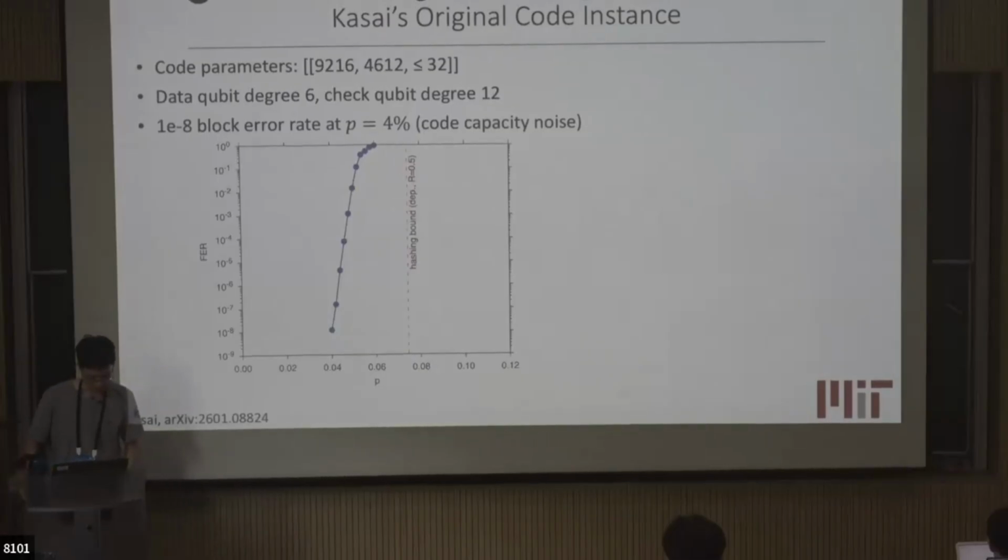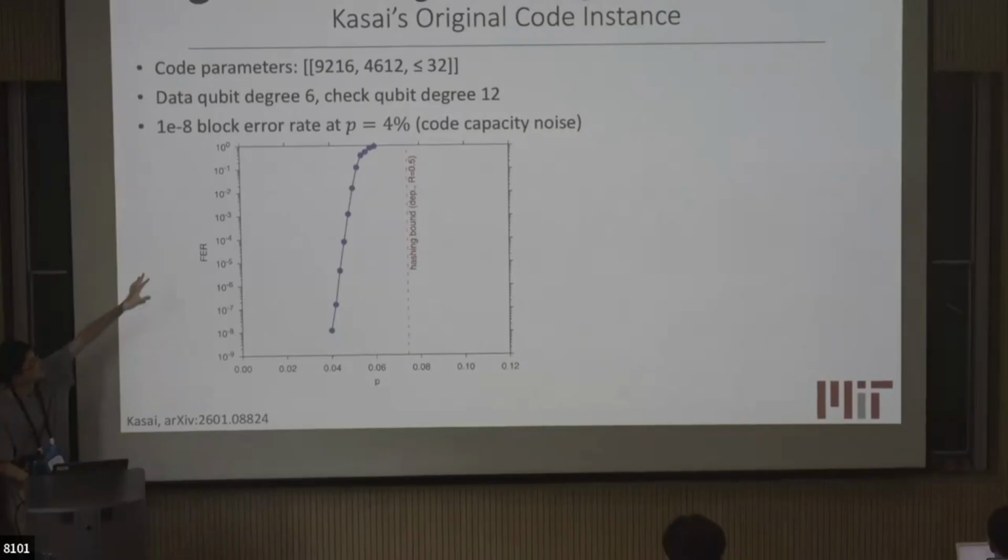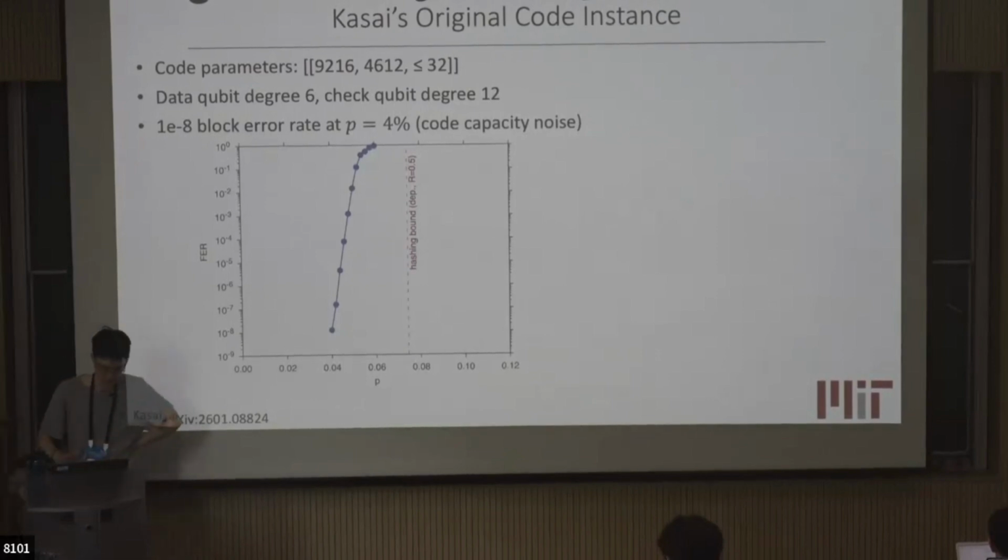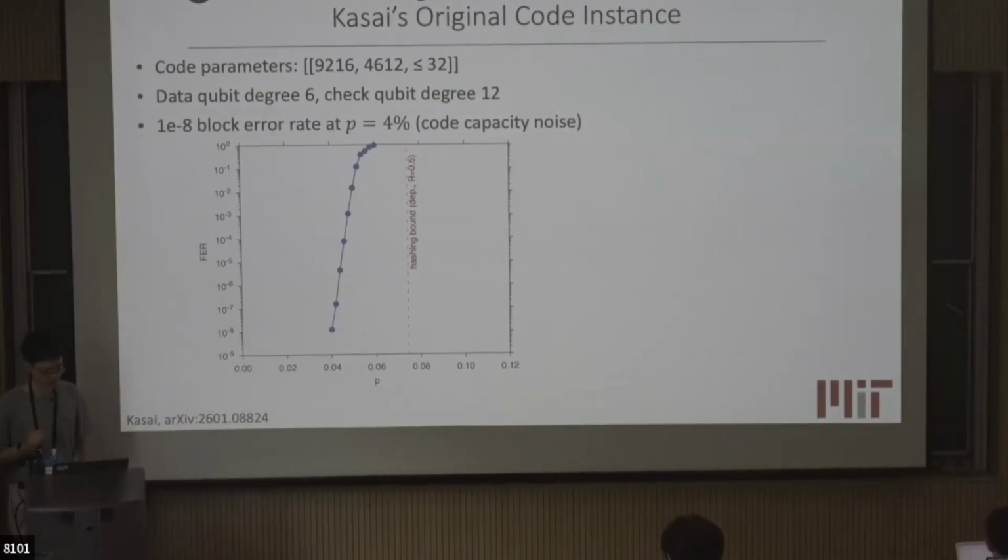So as Kenta mentioned in his previous talk, in his original paper, he was looking at a block length of around 9,000 with, as designed, a rate just a little bit above 1/2. It's actually 1/2 plus 4 logicals coming from redundancies in the checks. It has data qubit degree 6, so each data qubit touches 3 X checks and 3 Z checks, and then check qubit degree 12.